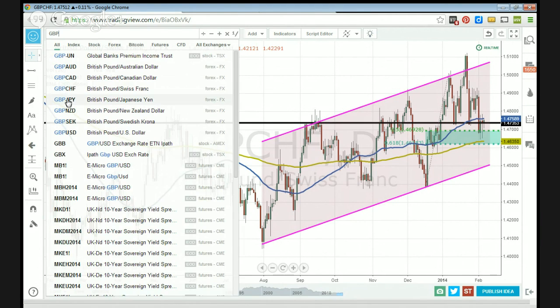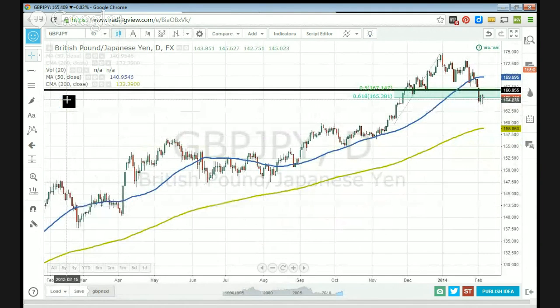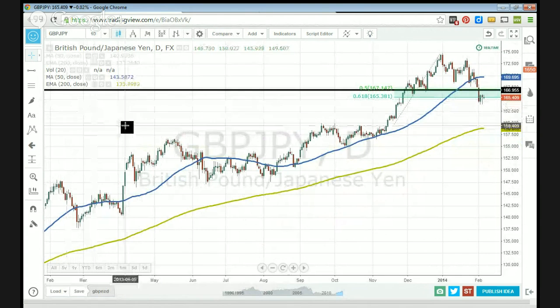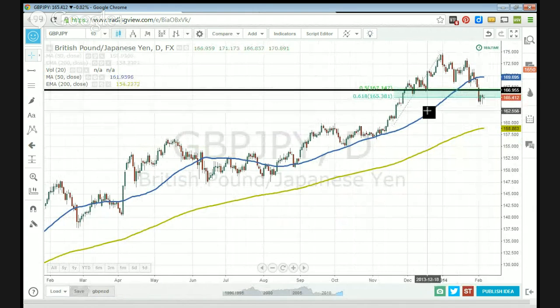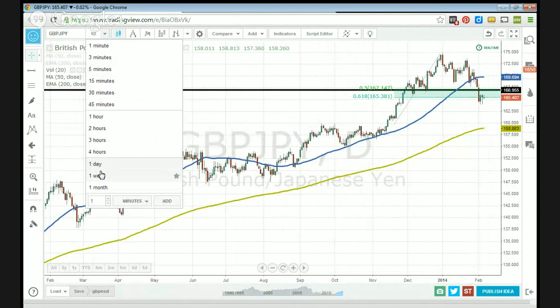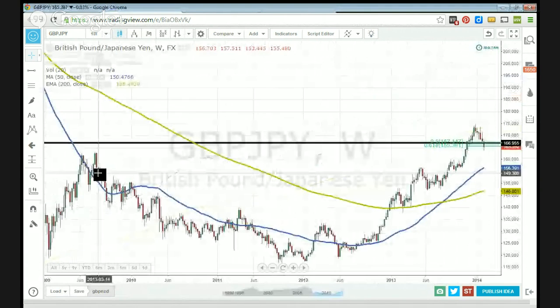Pound yen. Okay, we had a green candle here and a hammer pattern here. Let me zoom out. Is that even a meaningful level at all? Let's see. Well, here's the weekly we're looking at.